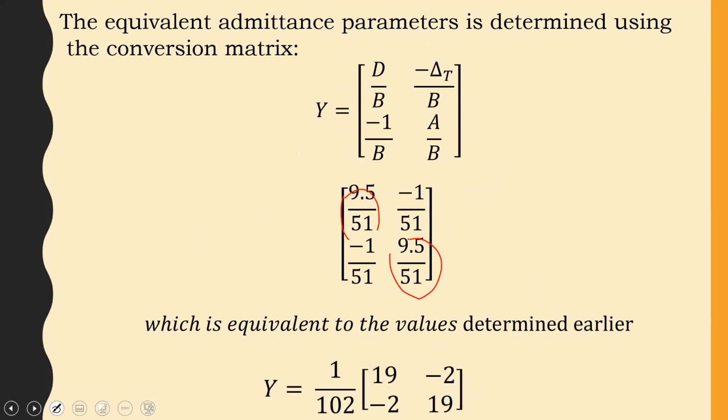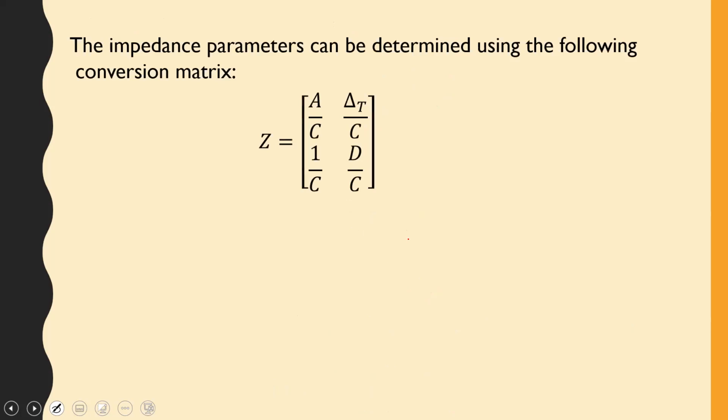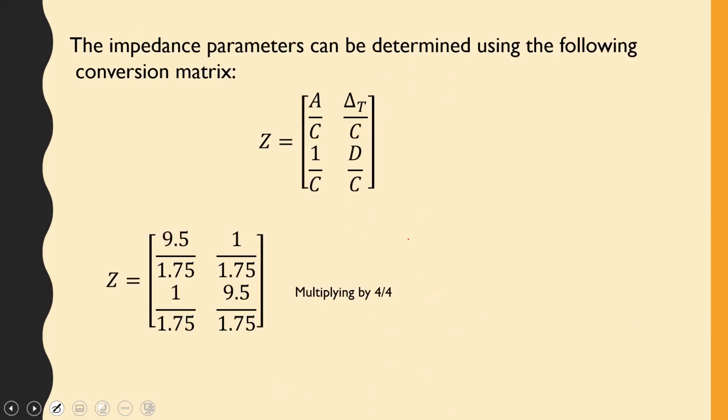All right, so we see that confirms Y. And of course, we can do the same with our Z. Just cleaning up the matrix, we get back the same Z matrix.